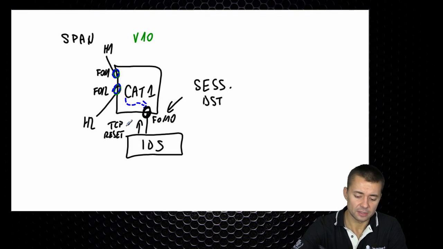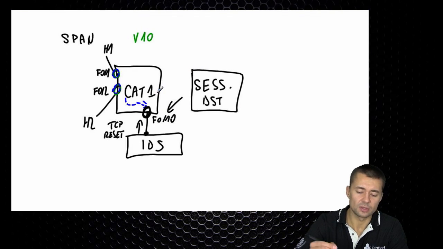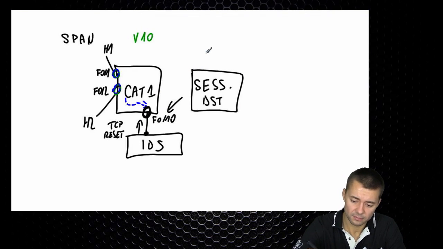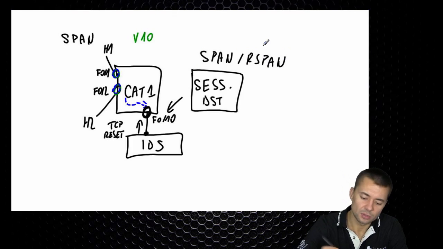This packet is generated by the IDS by its sensing port, and since the packet is received on this interface that is connected as session destination, SPAN or RSPAN, the switch by default is going to drop the packet.